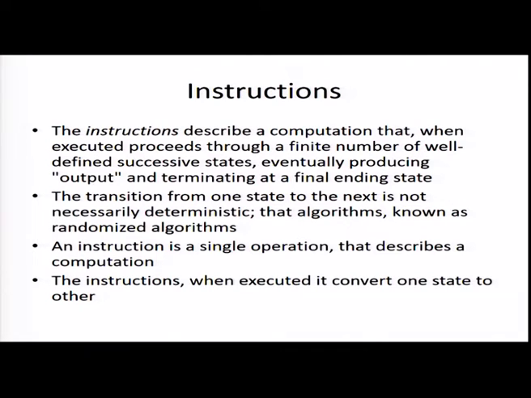Such algorithms you call randomized algorithms. That is, when there is a transition from one state to the other which is not necessarily deterministic, such algorithms are called randomized algorithms.